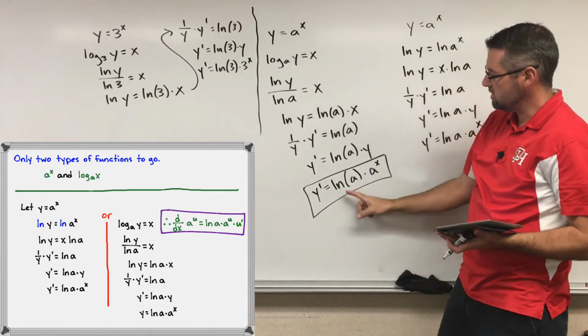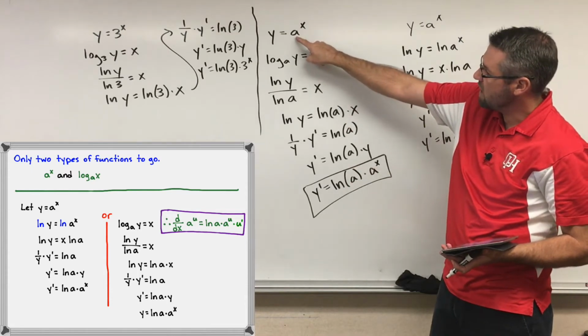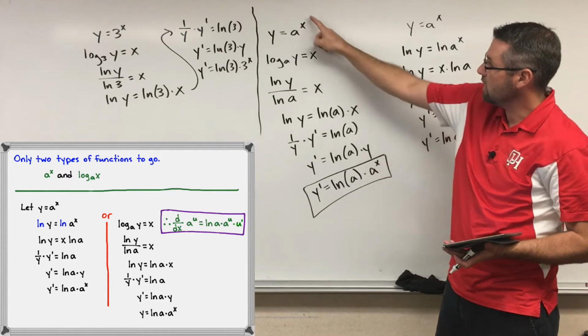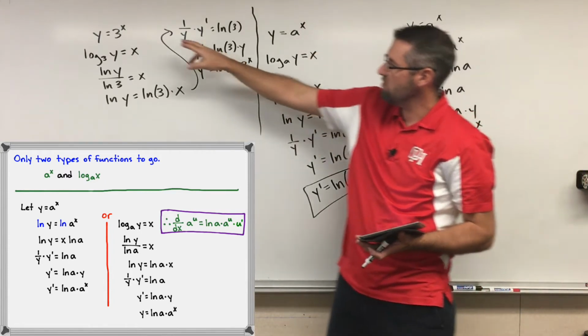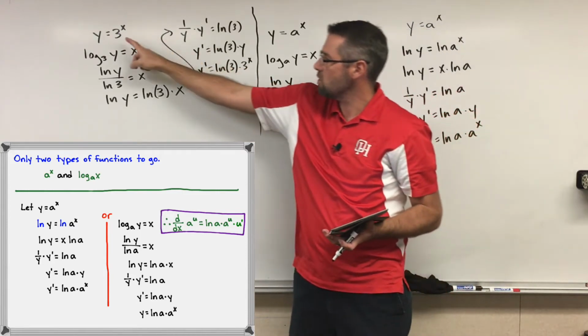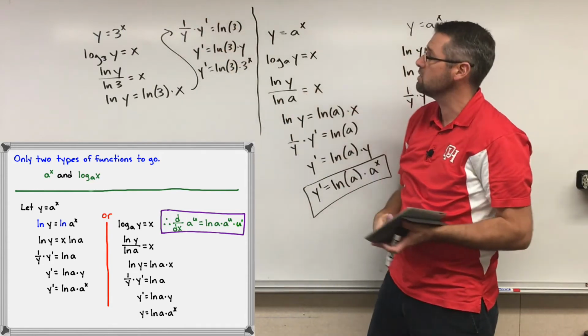The result is the natural log of a, in this case the natural log of the base, times the original function, a to the x. Let's go ahead and double check that over here. What's the derivative of 3 to the x? Well, it's natural log of 3, natural log of the base, times 3 to the x. It's exactly what it is, right?